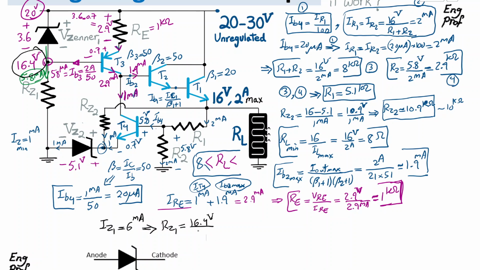So this translates to roughly 2.7 kilo ohm. As long as I set the value of RZ1 to around 2.7 kilo ohm or even a little bit higher, the current value should be fine. Diode Z1 is guaranteed to be on without any problem. That is what I'm trying to guarantee. So that is a good choice.